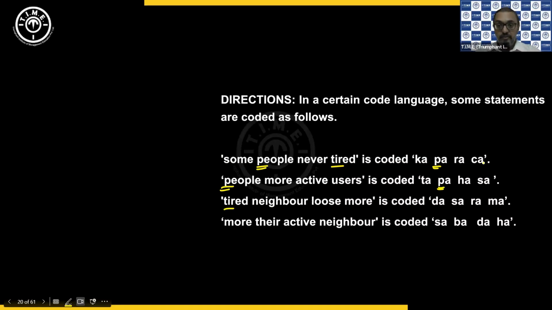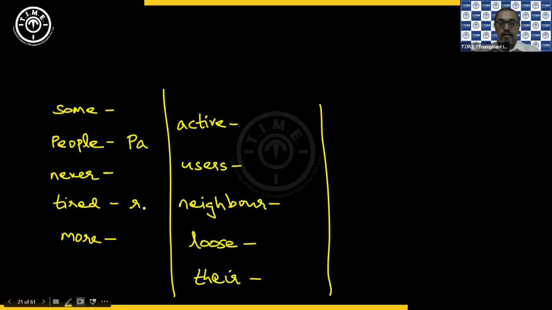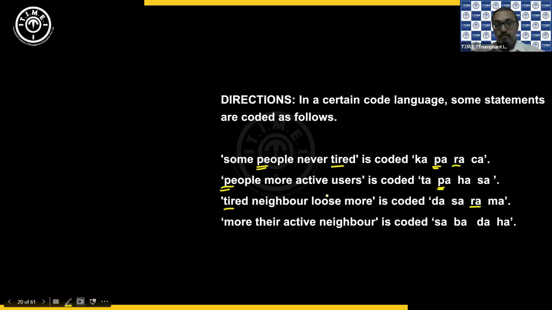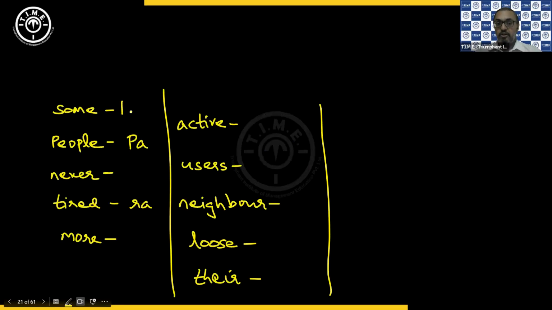So between the remaining 3, the code RA is repeated, as you can see. So for tired, it is RA. So for some and never, since there are no other sentences having that some and never, we will have to use these 2 codes, KA, CA in either order. So KA or CA, CA or KA.